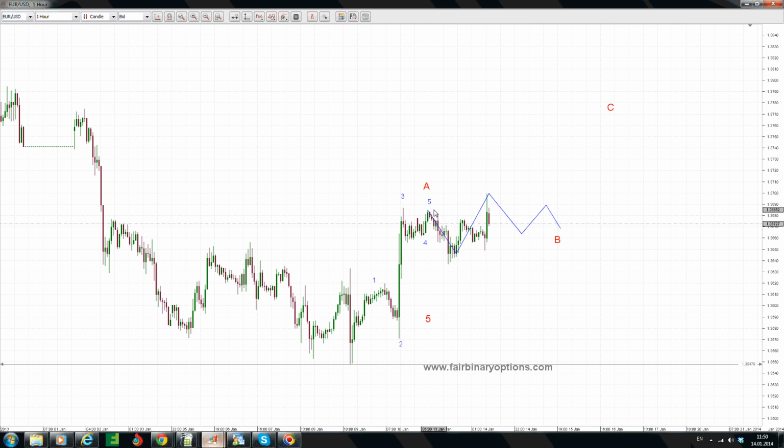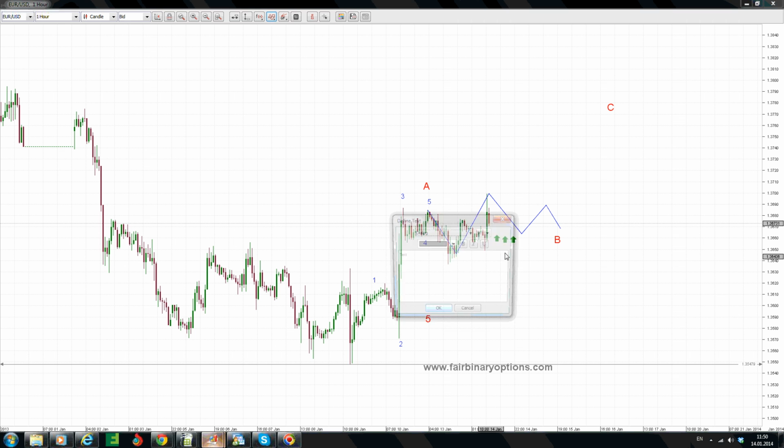As a consequence, in order to try to avoid a possible consolidation in a contracting triangle here and be trapped in an option that we don't really want to trade, we would like to buy call options, because this zigzag still is to go to the upside, but with end of week expiration date.